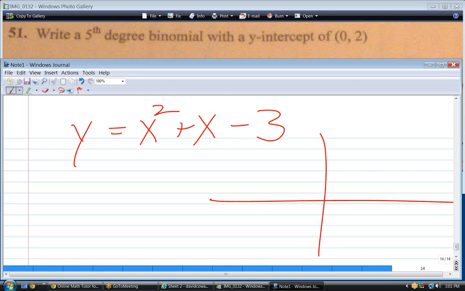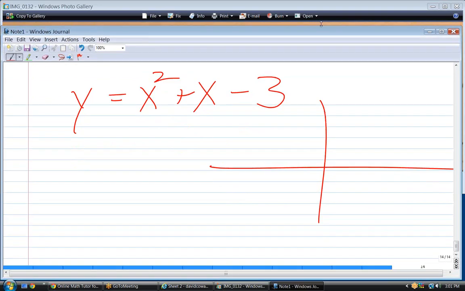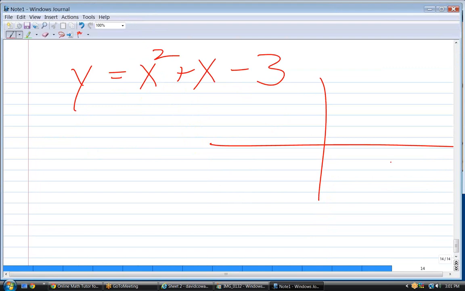It's -3, because the y-intercept is where x is 0, right? So if I plug in 0 for x, I get -3. So what is the y-intercept of this? -14. Okay.